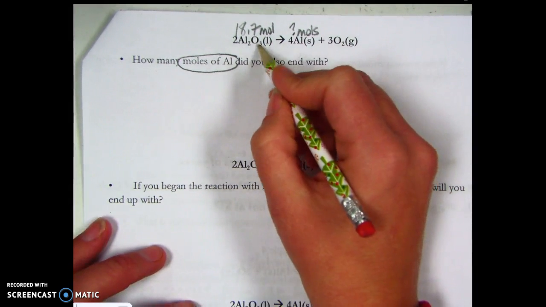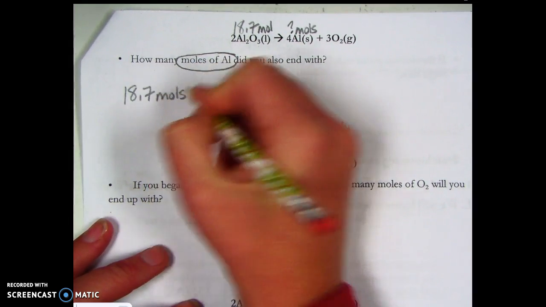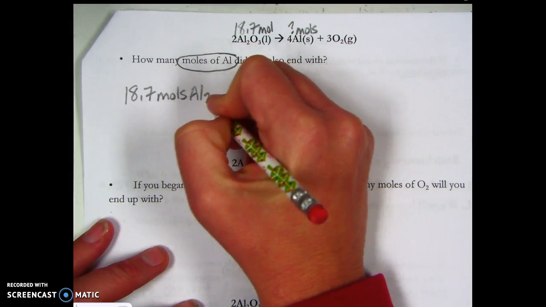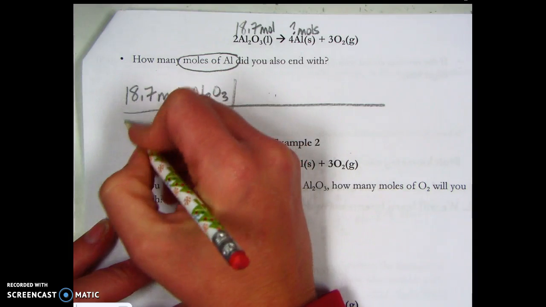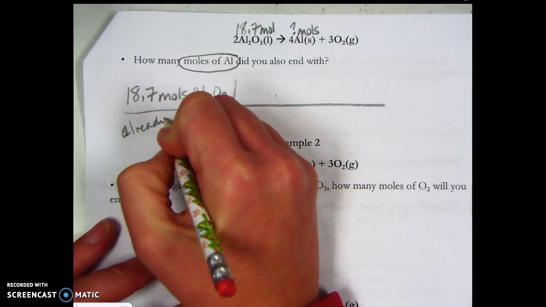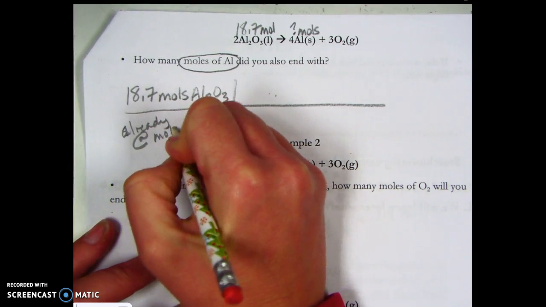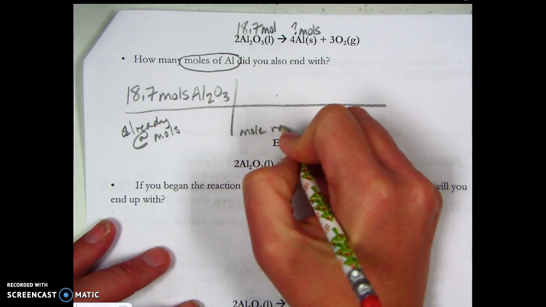We always start by writing the given. 18.7 moles of aluminum oxide. Our first step for stoichiometry is to start with moles, and I'm already at moles. Okay. My second step is mole ratio.